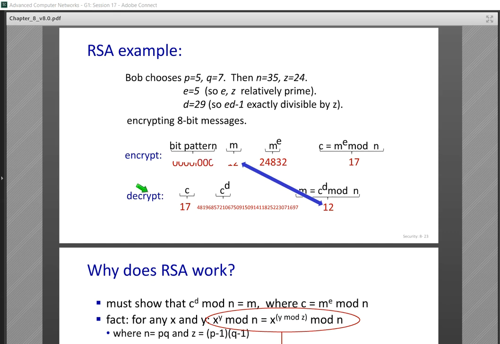This one here. And I want to find C. C is equal to M in power of E.